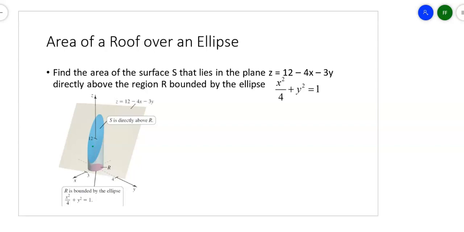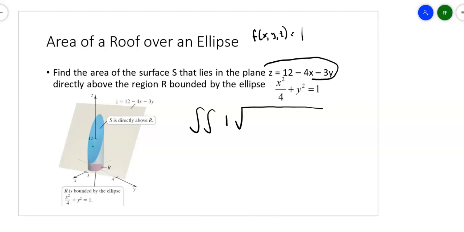So the first thing I might do is set up my double integral. If we're finding the surface area, then our f of x, y, z is equal to 1. So 1 times the square root of, now, this is the function here that we need to take partial derivatives of. We take the partial derivative of that function with respect to x, which just gives me negative 4, and we'll square it.